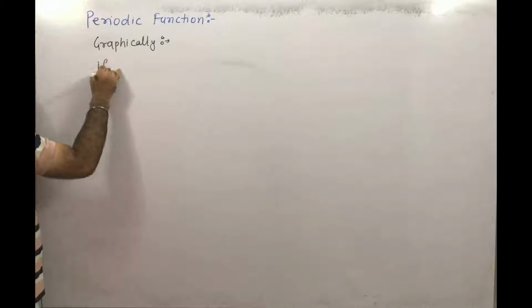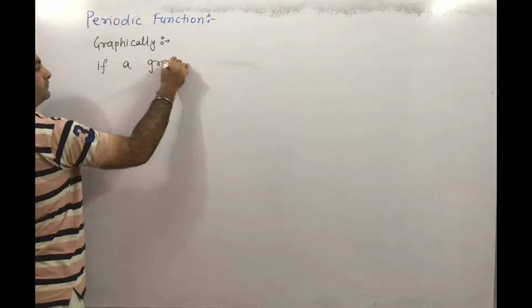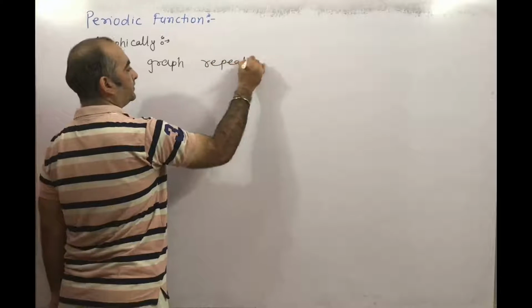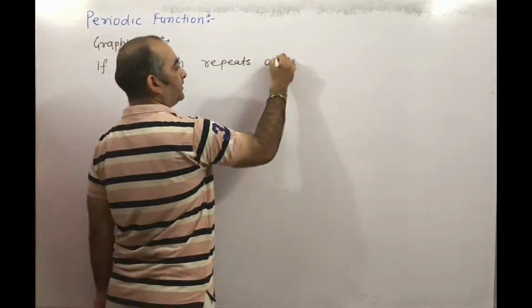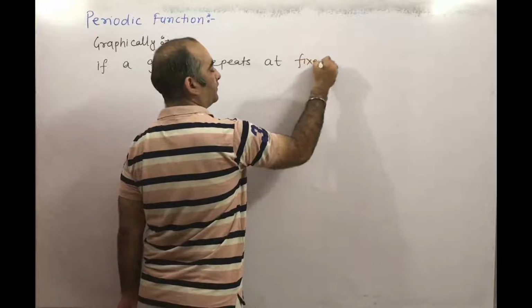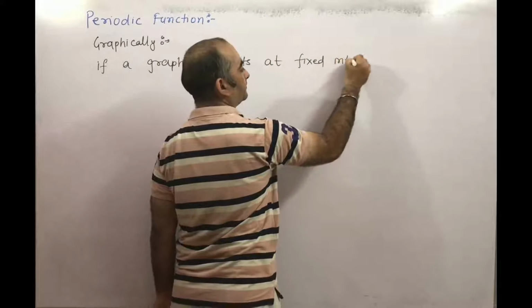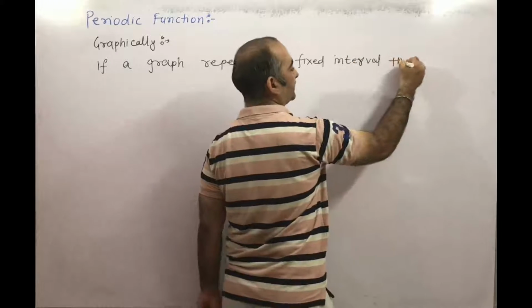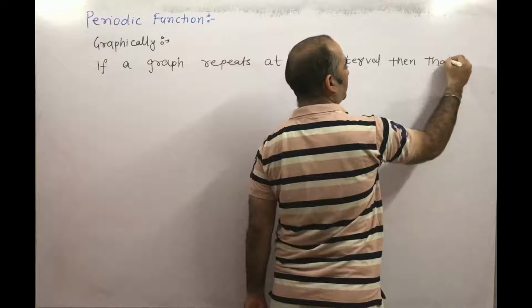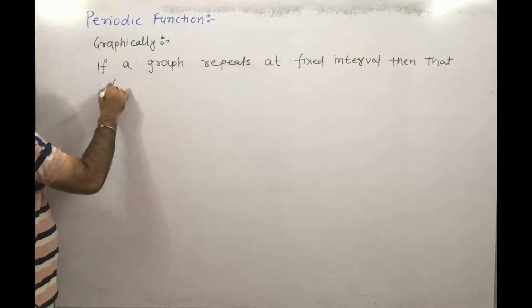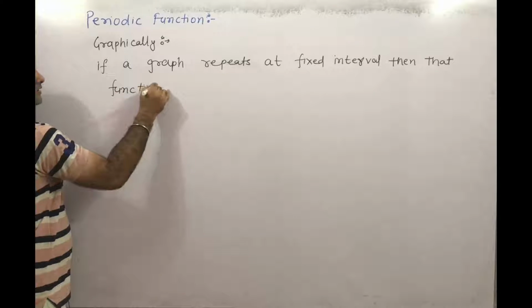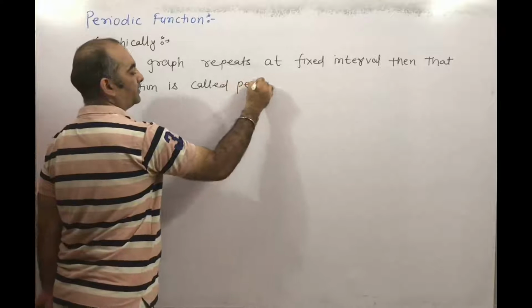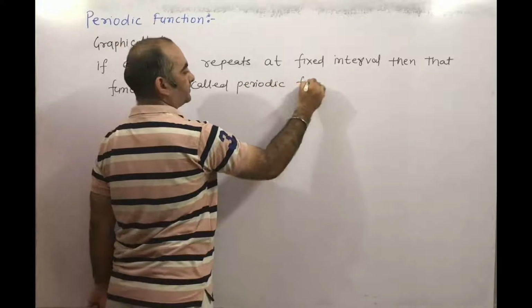So if a graph repeats at fixed interval, then that function is called periodic function.